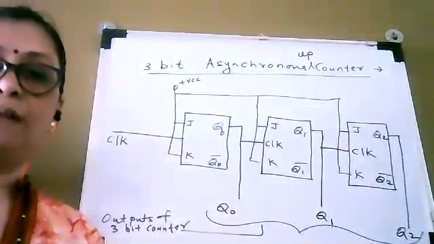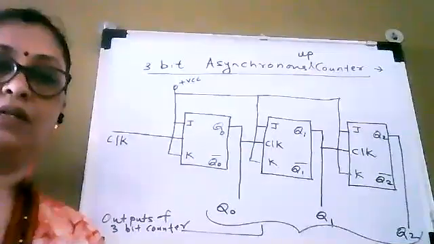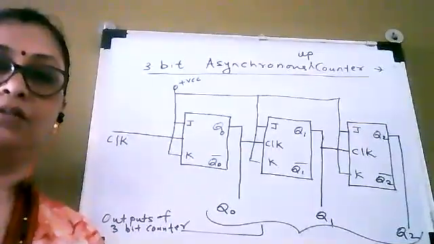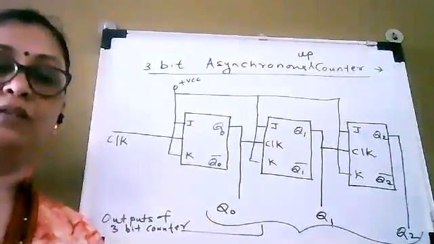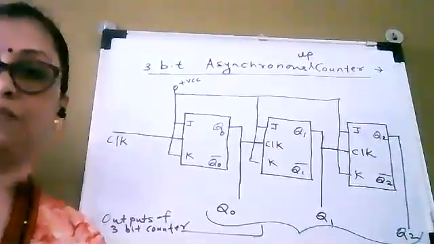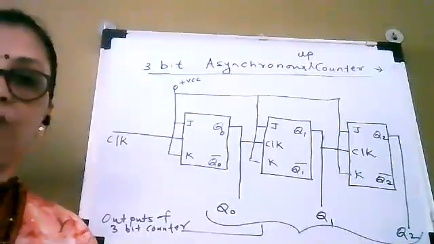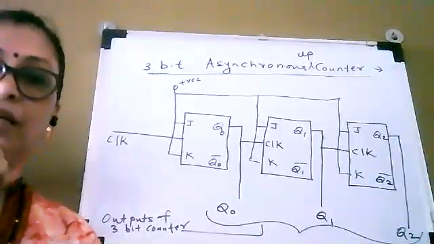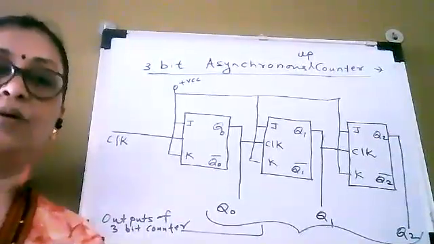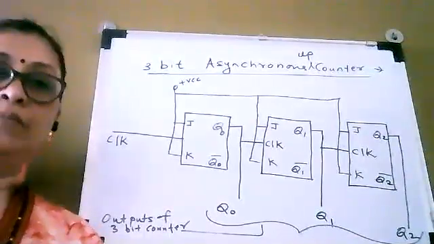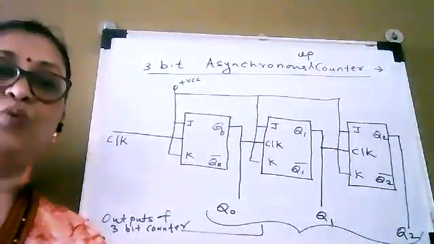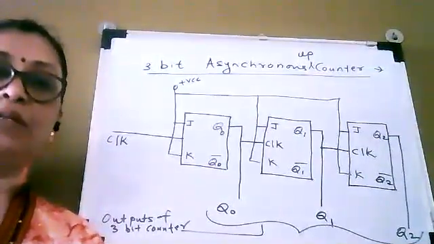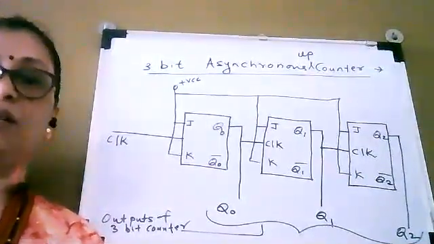Okay, so don't memorize the circuits by heart, just remember the concept so that you can reconstruct it during your examination. Okay, so this is the logic diagram of 3-bit asynchronous counter. So here I am saying 3-bit counter. Similarly we have 2-bit counter, we have 4-bit counter.